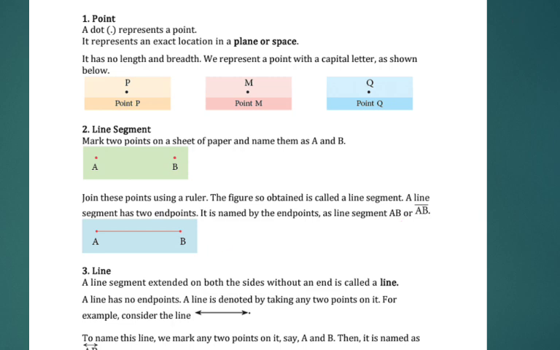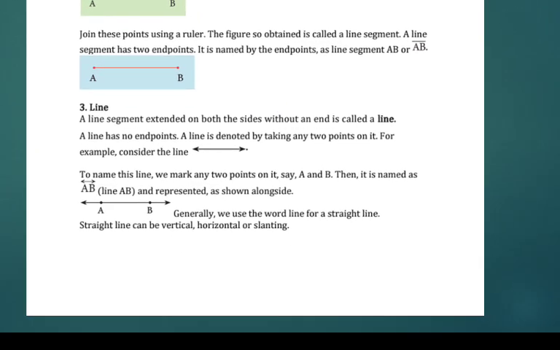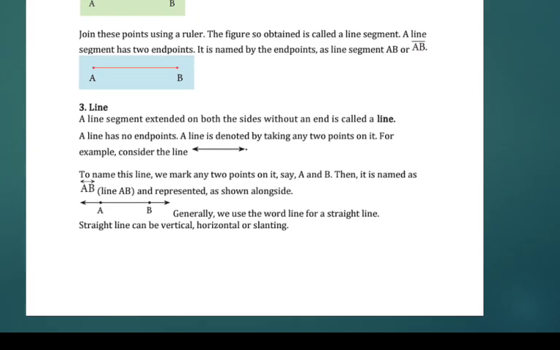Next, line. A line segment extended on both sides without an end is called a line. You are extending this line segment on both sides like this.